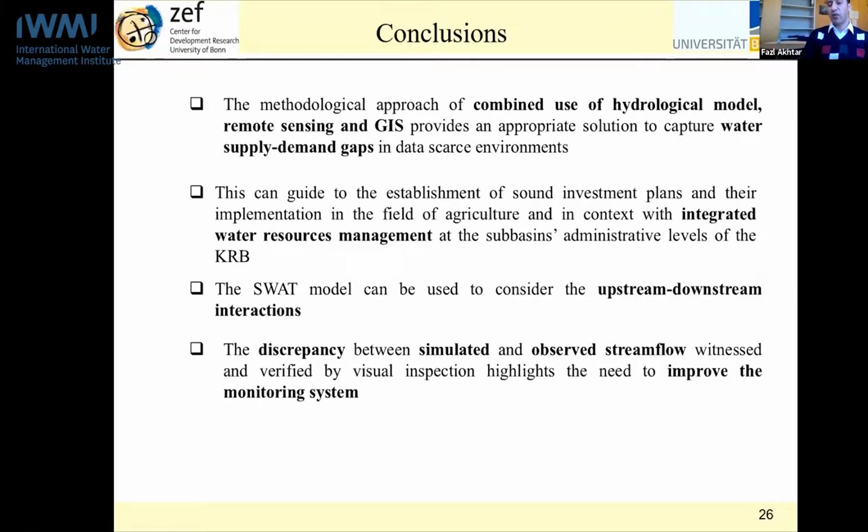The discrepancy which you have seen just between the simulated and observed flow also highlights the need to improve the monitoring system. You saw in the monitoring system that the gauge was broken, and the measurements of the automatic, electronic gauge system which existed there give a false signal.